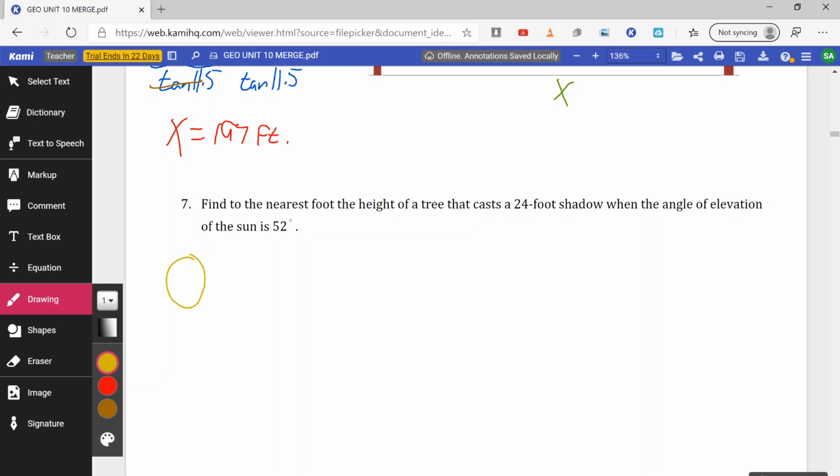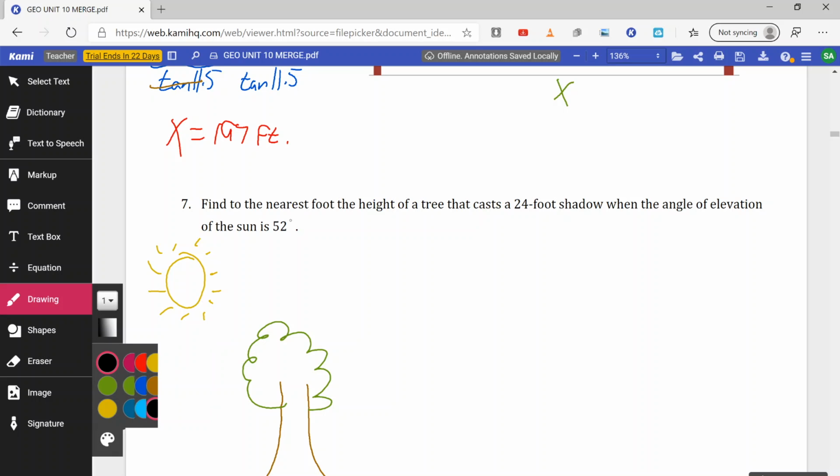So we have the sun, and we have a tree, and then we're casting a shadow on the ground. So we know the shadow itself, according to our problem, is 24 feet.